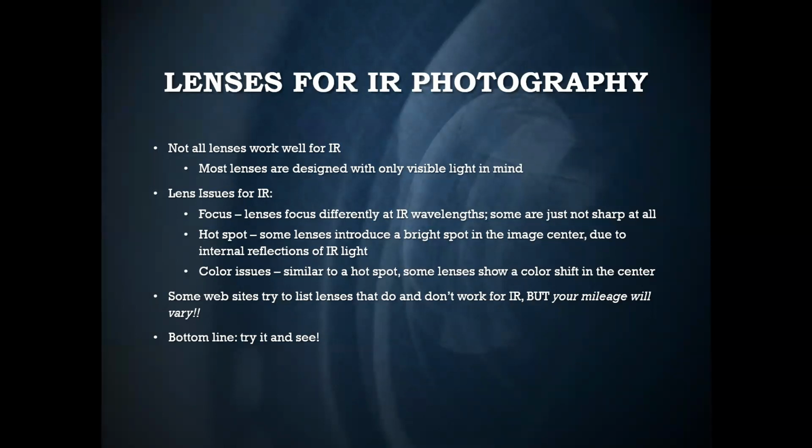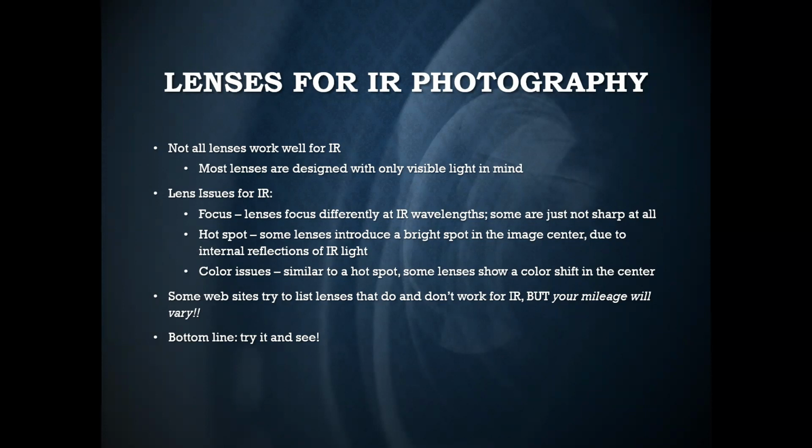Now, the basic point here is that lenses are a little bit tricky. Not all of them work well for infrared. And the reason for that is that when manufacturers design lenses, they design them for visible light, and they don't design them or test them necessarily for their performance in infrared wavelengths. There are two real issues.